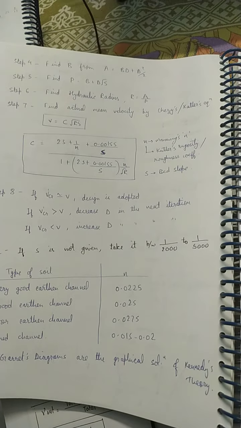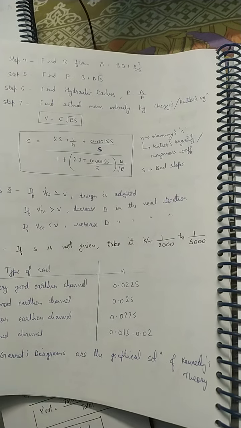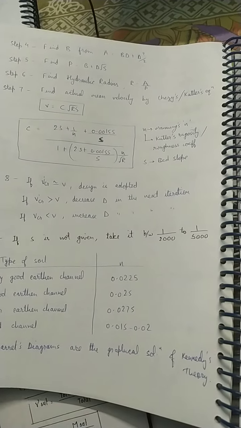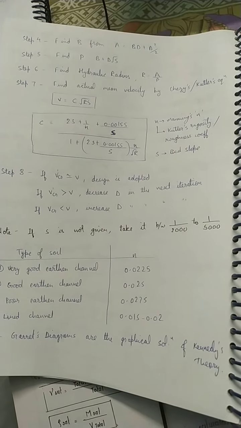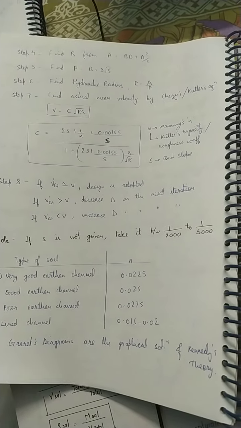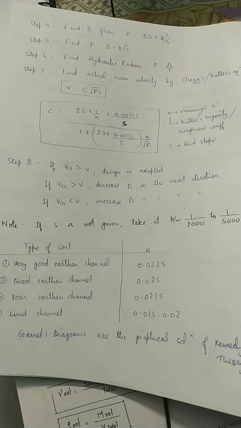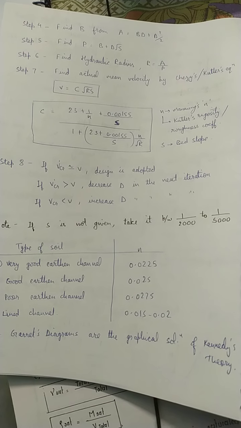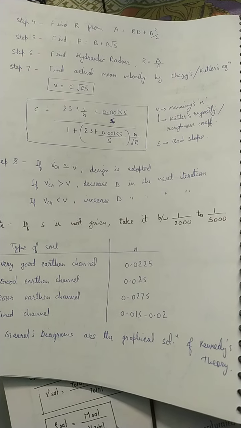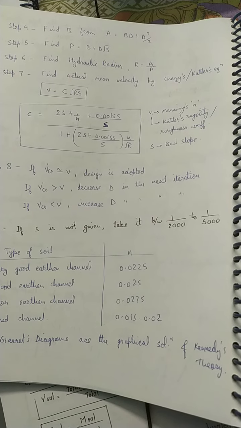Then find the actual mean velocity by Chezy's or Kutter's equation, as follows: V is equal to C root RS, where C is not the rugosity coefficient.